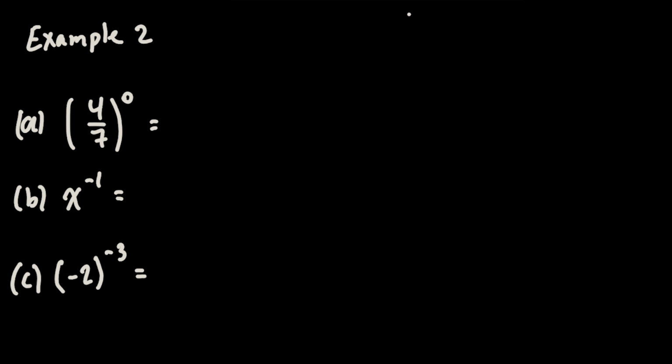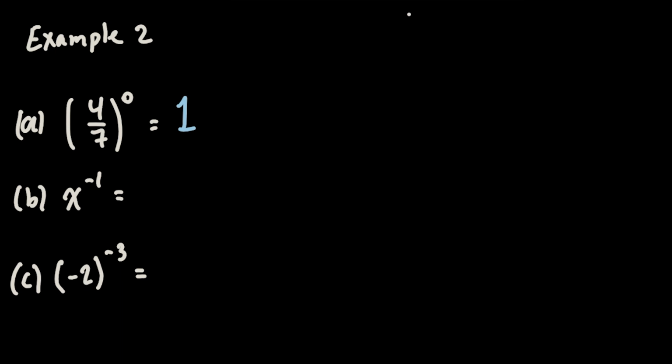Let's see example 2. Part A says 4 over 7 all to the power 0. So we know from the previous property that any number to the power 0 will equal 1. So the answer here is 1.